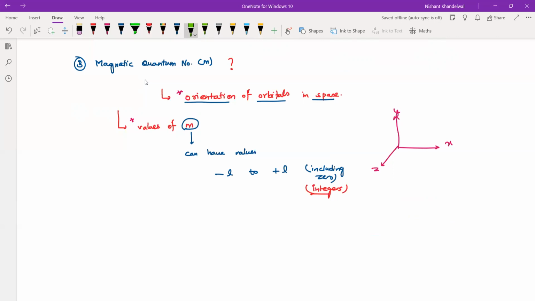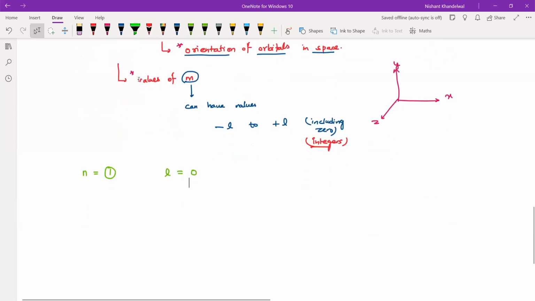Okay. So suppose n is equal to 1, what can L be? L is from 0 to n minus 1, so it can only be 0. If L is 0, what will m be?